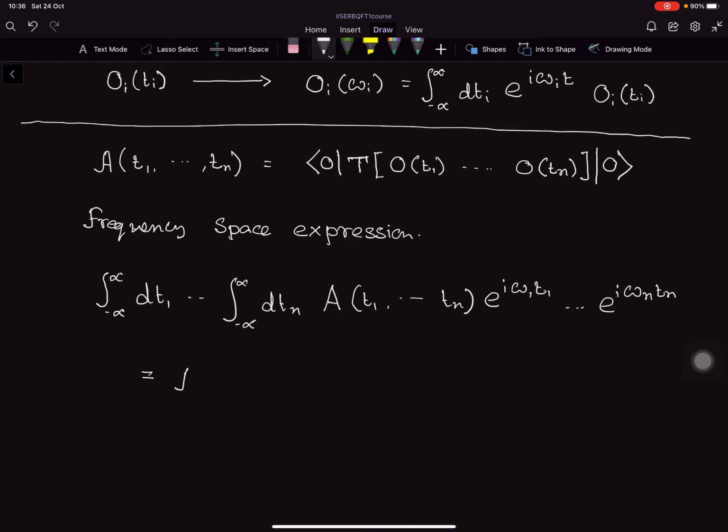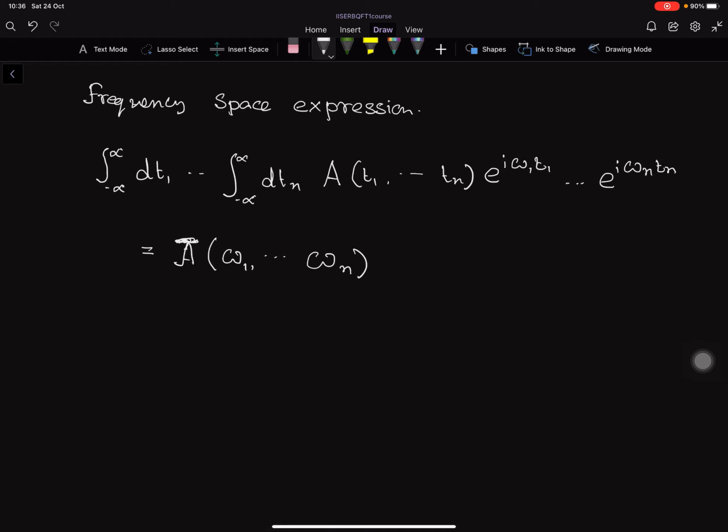We denote it in this way, and we can also just remove the tilde. So this will be our frequency space correlators.